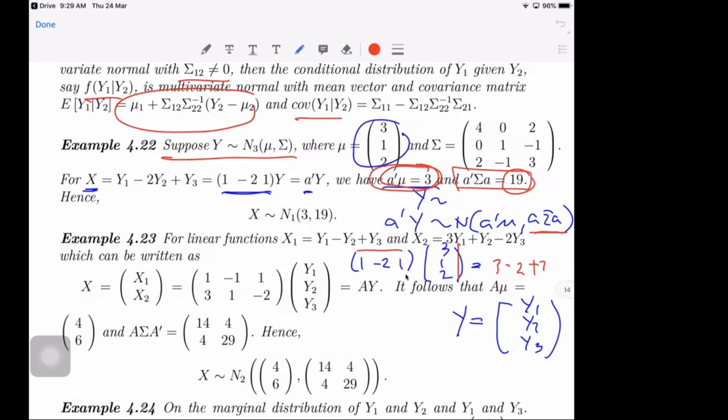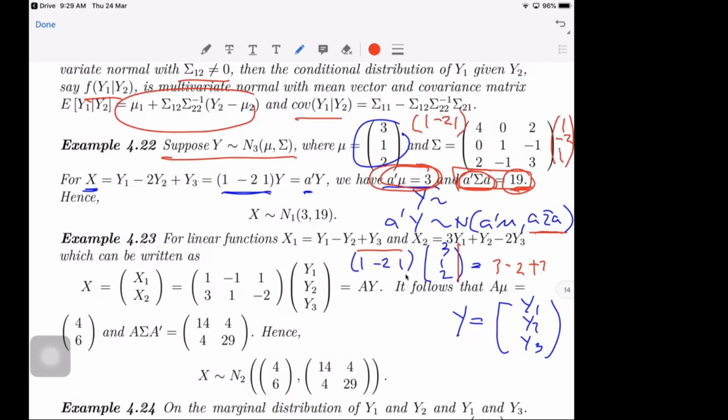So what you do is you pre-multiply Sigma by A prime, (1, -2, 1), and then post-multiply it by A, (1, -2, 1). Solving A Sigma A prime will give you 19.